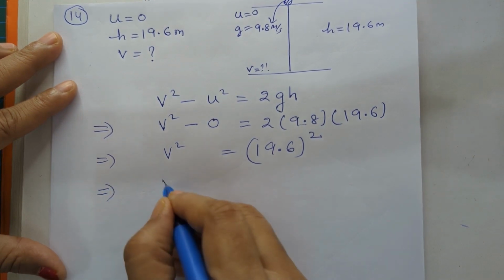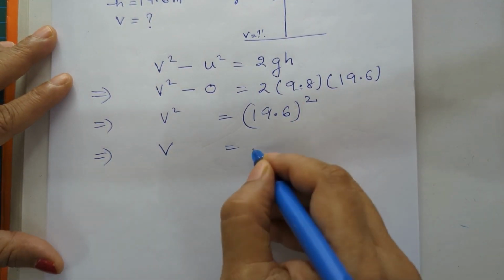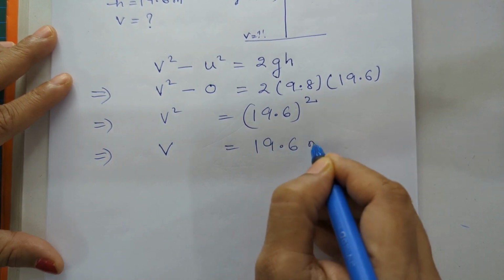So what is the final velocity of the stone just before hitting the ground? It is 19.6 meter per second.